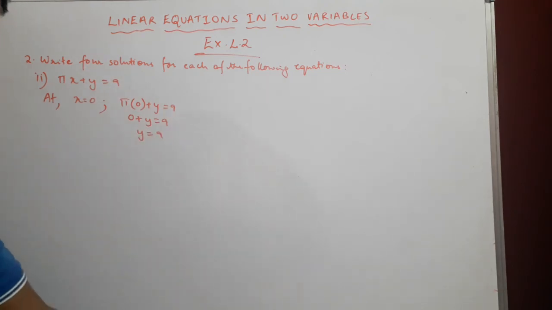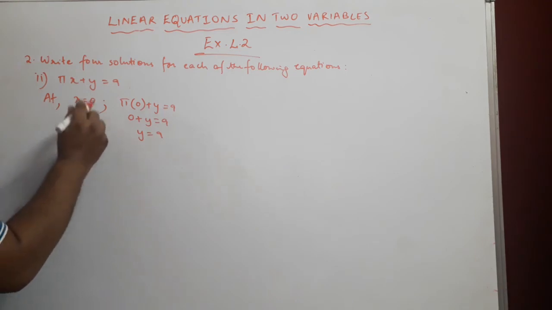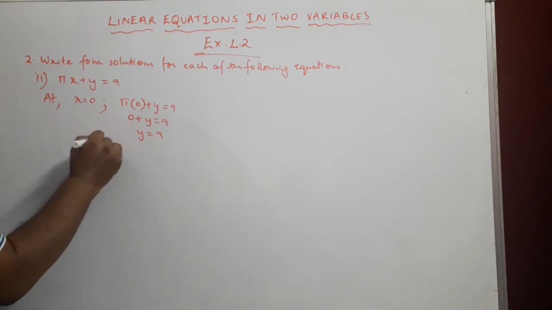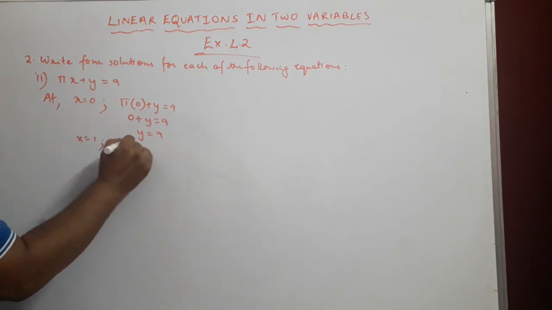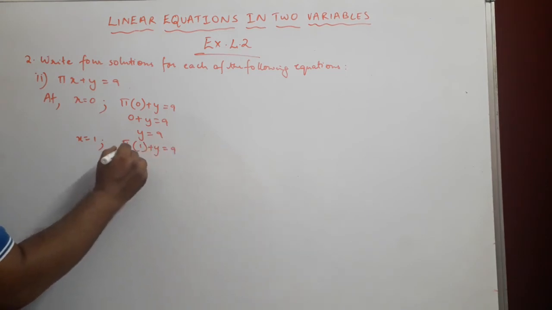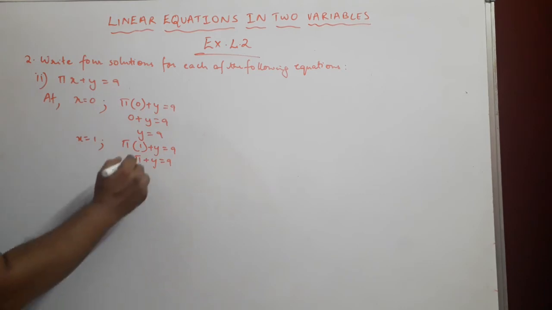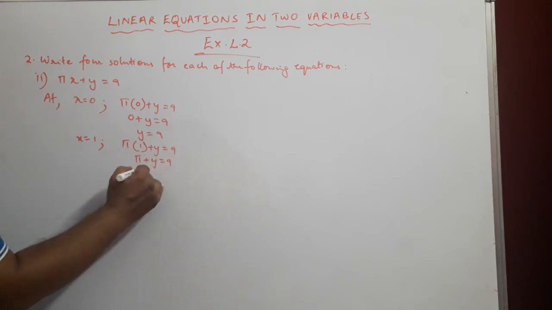Next we'll take x equal to 1. We get pi into 1 plus y equal to 9. Pi into 1 is pi plus y equal to 9. Now we can take pi on the other side, it will become negative.